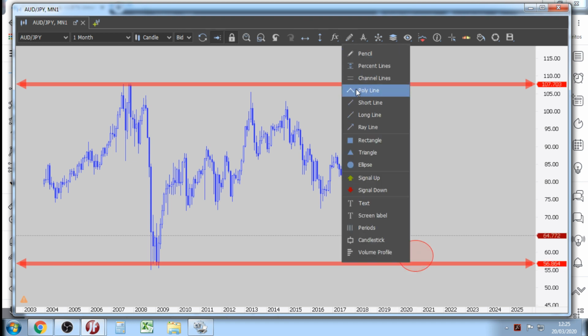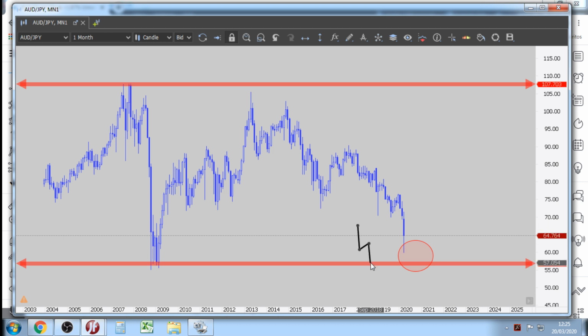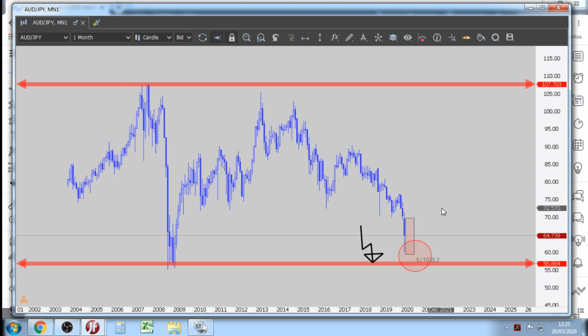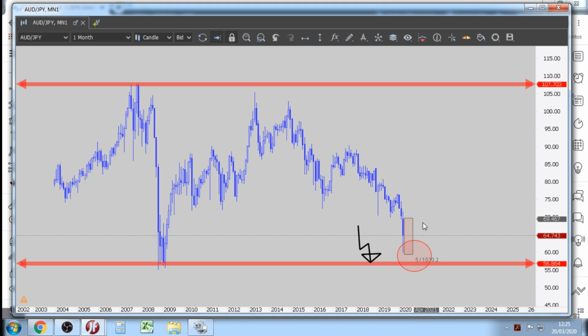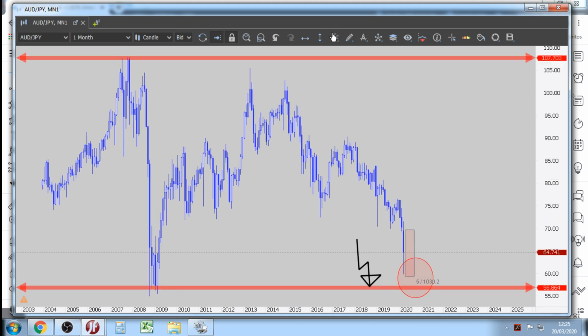For the time being, wait for the market to fall again until the lower band. In the end, stay out of the market until the end of the month. If this monthly candle is going to be bullish, this is an indication, not a guarantee, but an indication that maybe the market's ready to reverse the long-term bias.